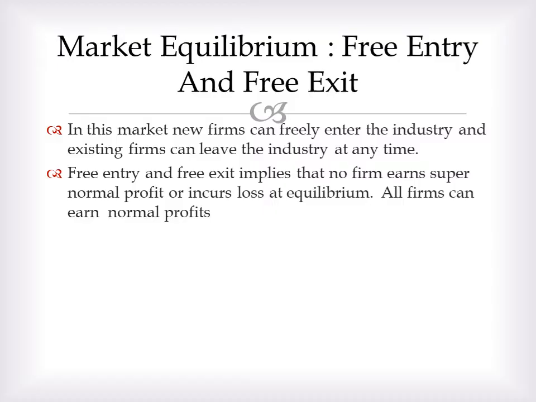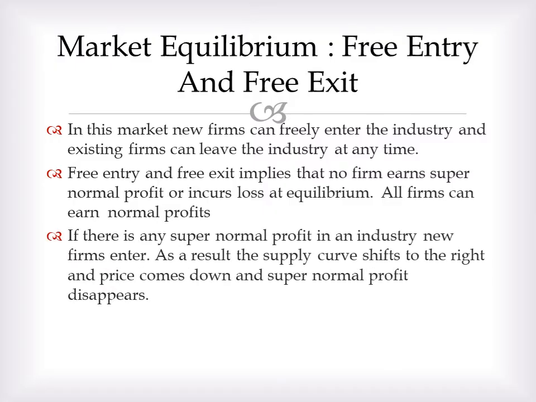So what is the reason behind that normal profit? If there is any supernormal profit in an industry, new firms will enter. As a result of the new firms, the supply curve shifts to the right. That means supply increases, and due to the increase in supply, price comes down and supernormal profit disappears.